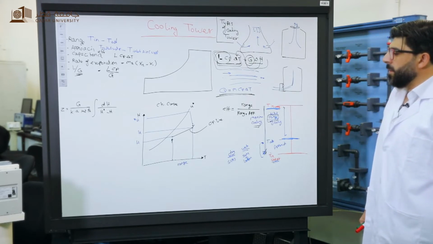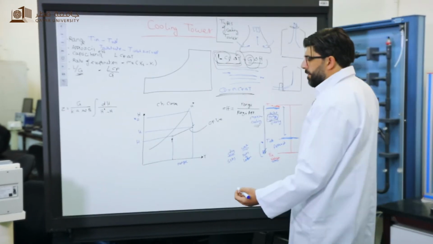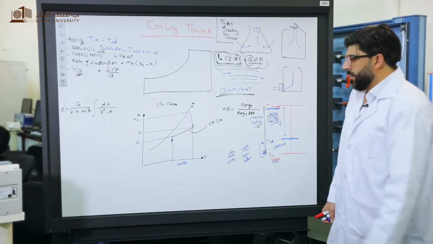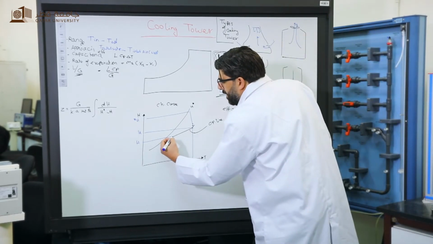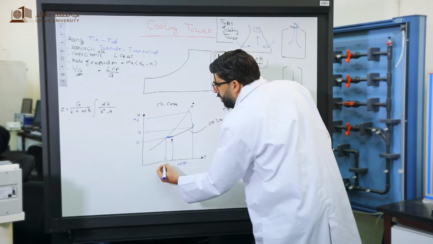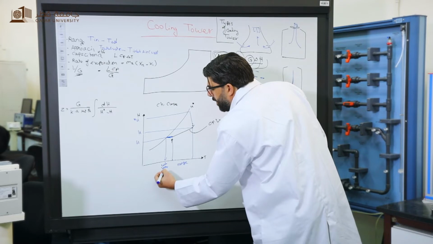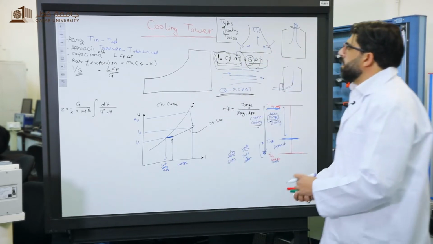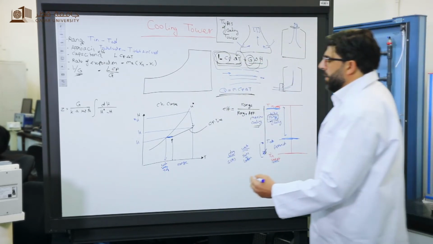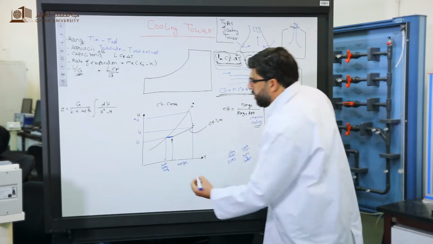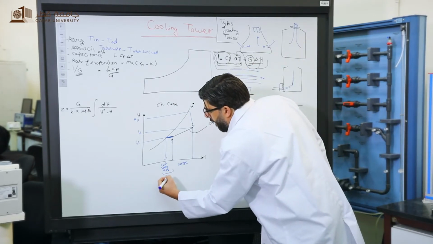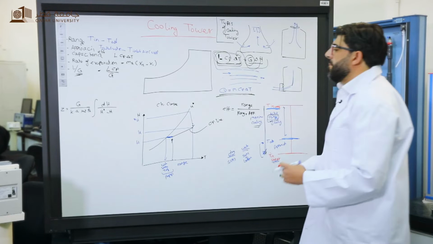If you want to determine the wet bulb temperature of the air, we can extend a line to the equilibrium curve and then go down again. So this will be the wet bulb temperature. If you want to determine the approach, this is the approach, and this is the range.